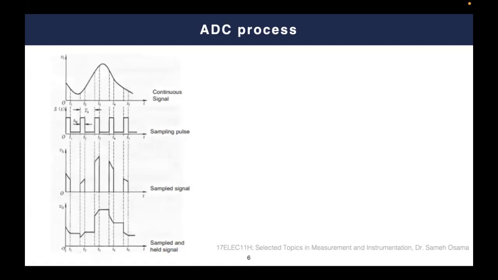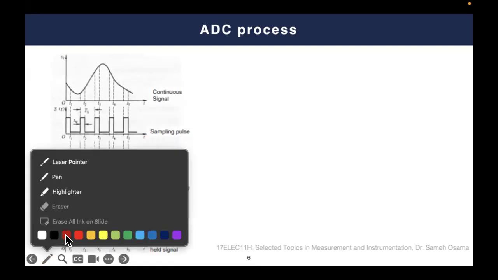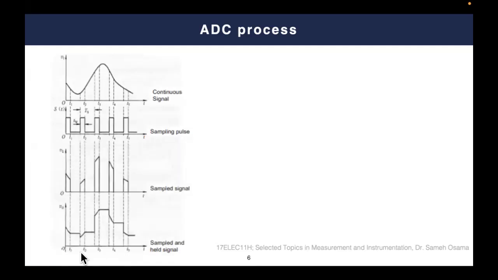Now, let's go into details. Sampling is discretization in the time axis. So if you go to this signal here, maybe I can use the laser pointer for that. Yes.